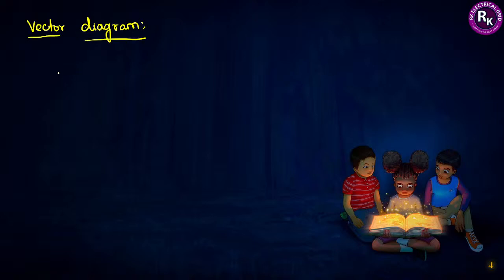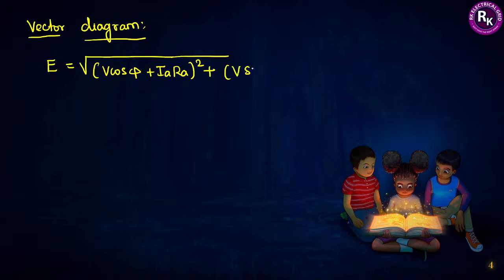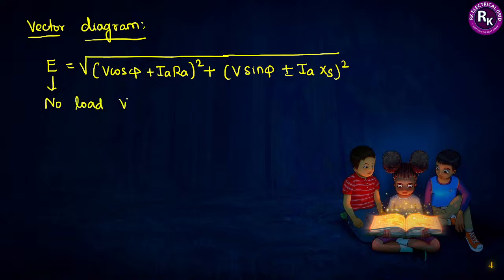From the vector diagram, the internally developed voltage in an alternator can be easily calculated with the help of E equal to square root of (V cos phi plus voltage drop across the armature resistance, IaRa) whole square plus (V sin phi plus or minus Ia into synchronous reactance Xs) whole square. This is the expression for the developed voltage in an alternator. We can also call this voltage the no load voltage, or the total voltage that will be developed inside the alternator.